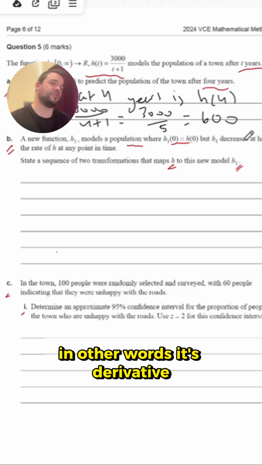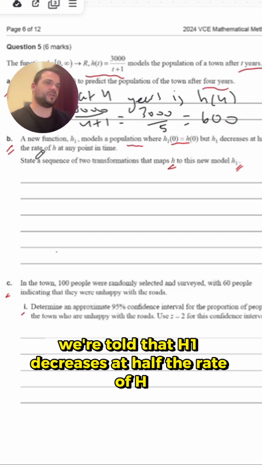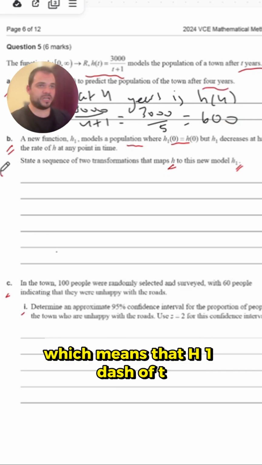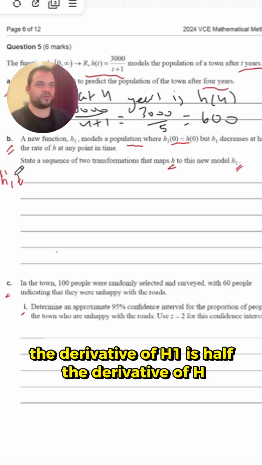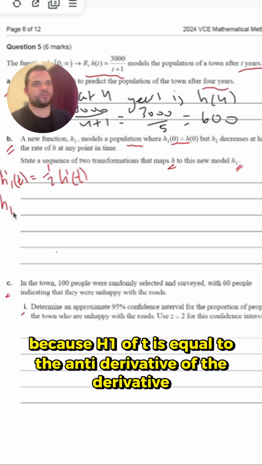In other words, its derivative. So if we recognize that, then we can see how to find h1. We're told that h1 decreases at half the rate of h, which means that h1 dash of t, the derivative of h1, is half the derivative of h. And now we can work out what h1 is, because h1 of t is equal to the antiderivative of the derivative.